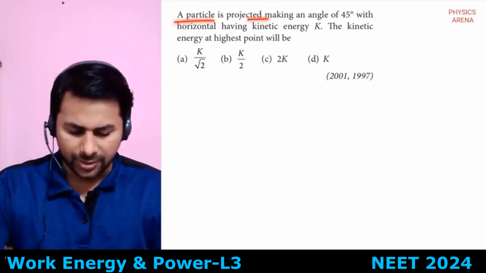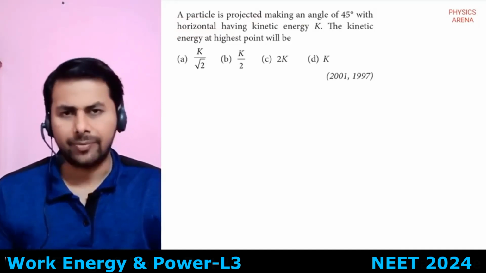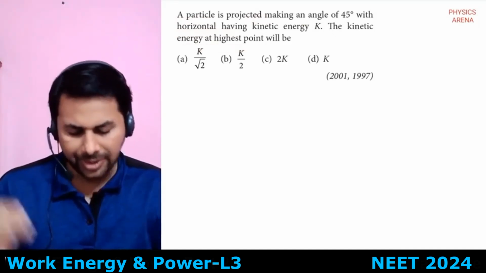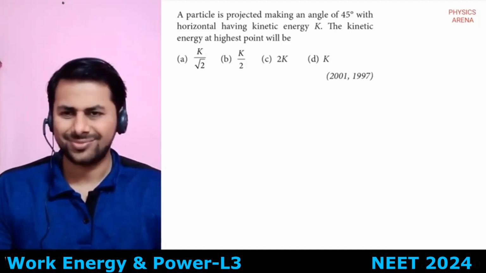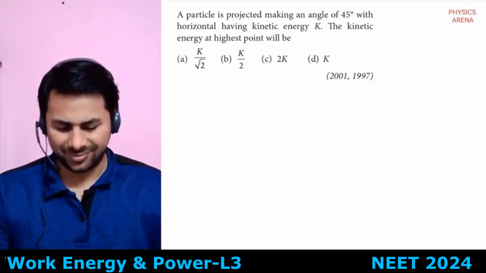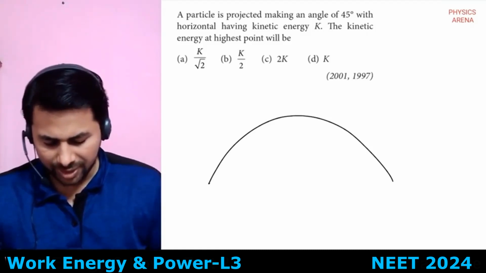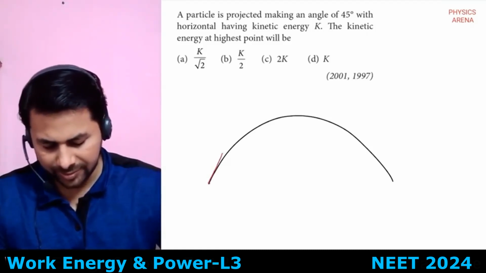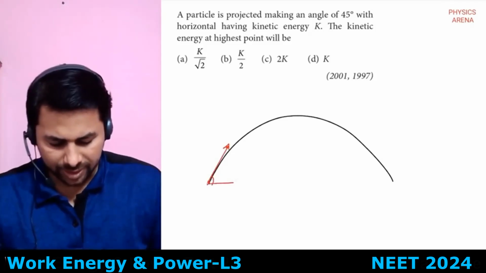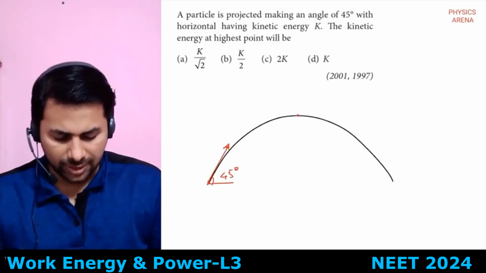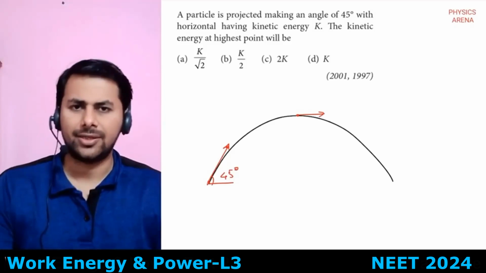A particle is projected making an angle 45 degrees with horizontal having kinetic energy K. Kinetic energy at the highest point will be? Tell me. This is from projectile motion. The particle is projected at 45 degrees. At the highest point, there will be some kinetic energy.